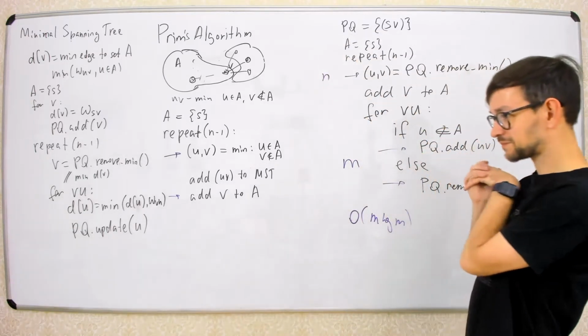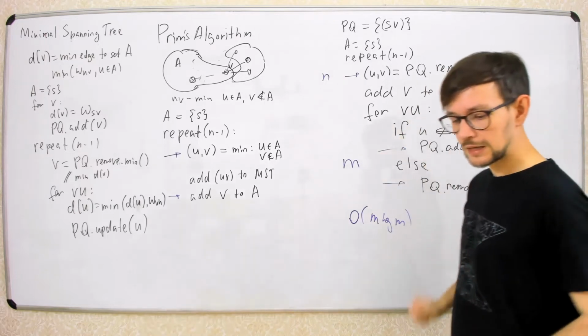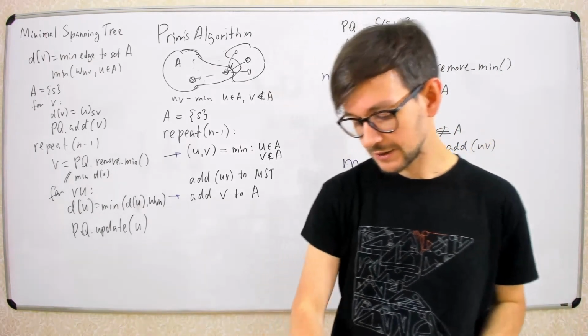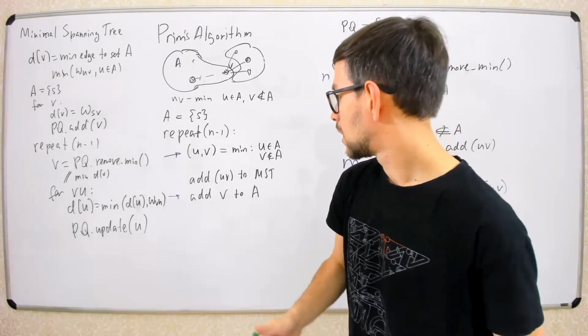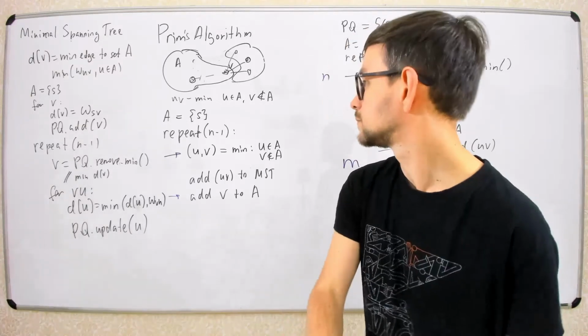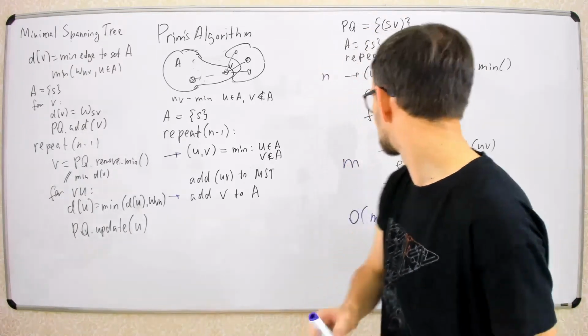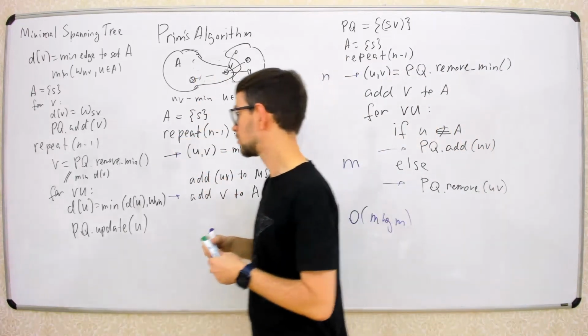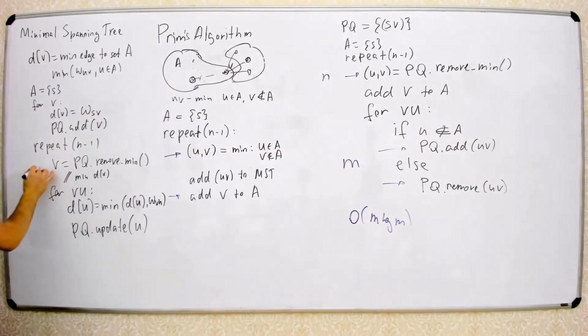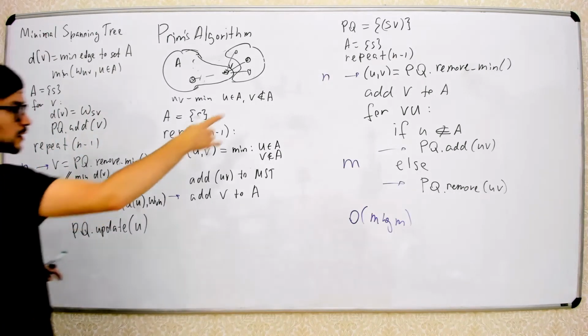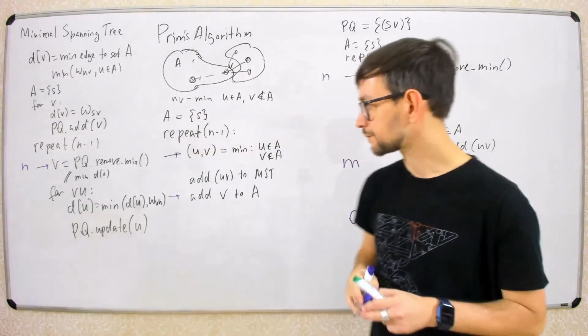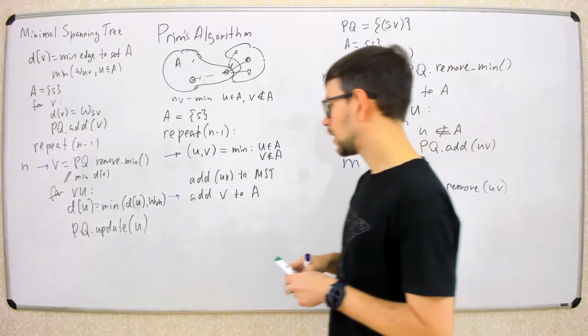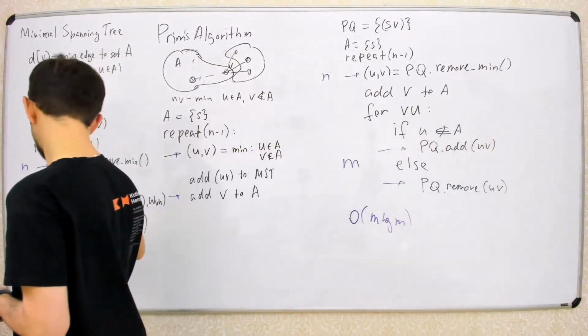Now, that's all. Now, let's calculate time complexity. Let's look at all operations on the priority queue. We have this operation. This operation is called n times, like before. And this operation is called m times.